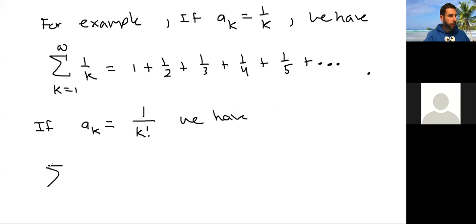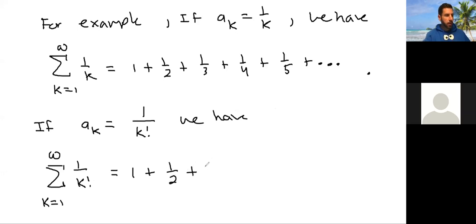Well, you would have 1 plus 1/2 plus 1/6, plus 4 factorial is 24, 5 factorial is 120.